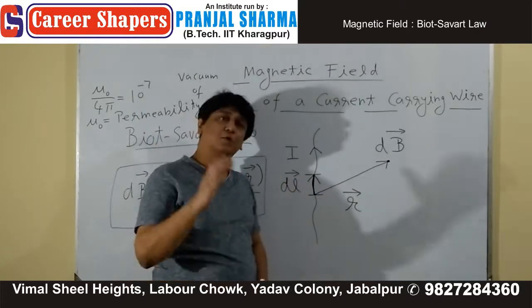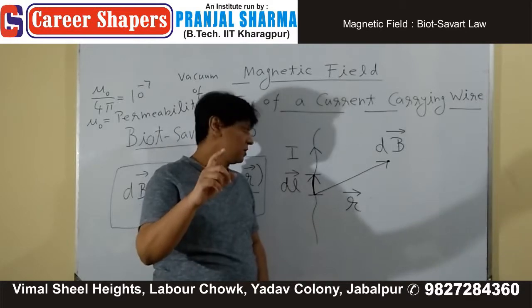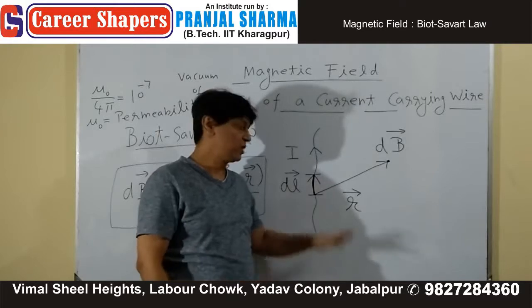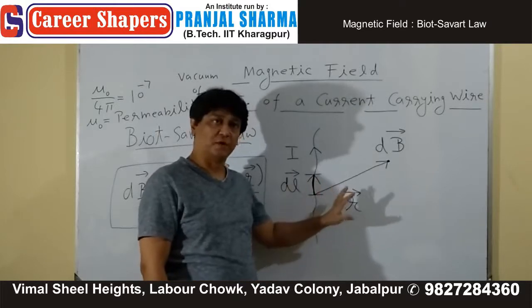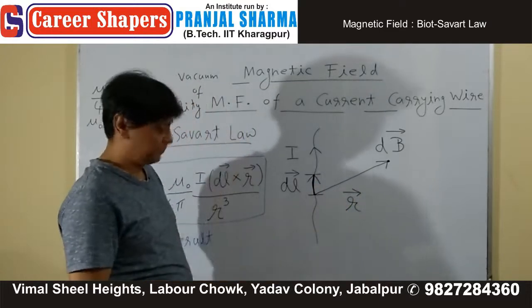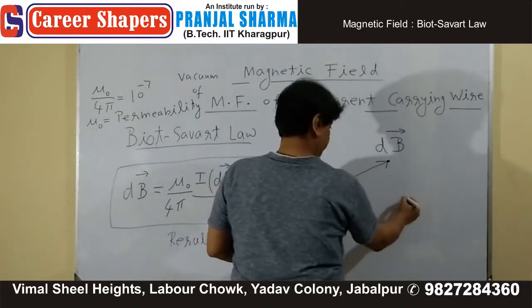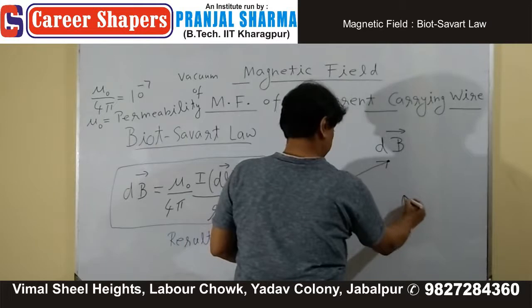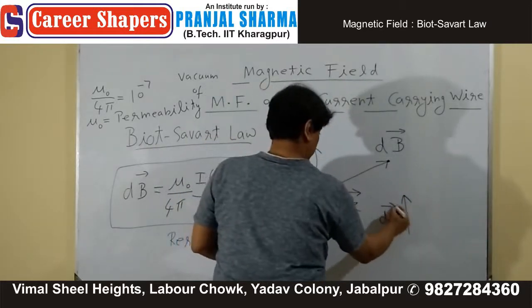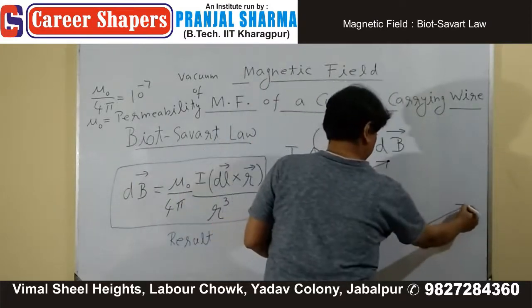If you want to understand cross product in detail, just after the class send me a request and I will give you a lecture in which I have explained everything. But as of now, look here. This is the dl vector. You can also draw this separately. This is r.